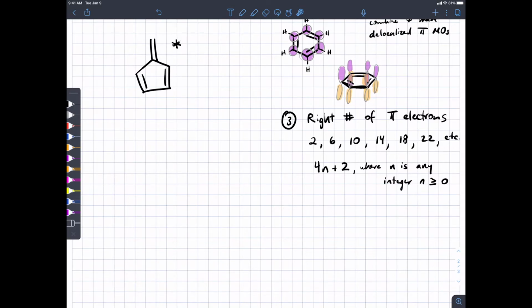Understand, people get confused by this because they always want to know what is n, as though n is related to some structural feature of the molecule. It's not. N just defines the series, right?